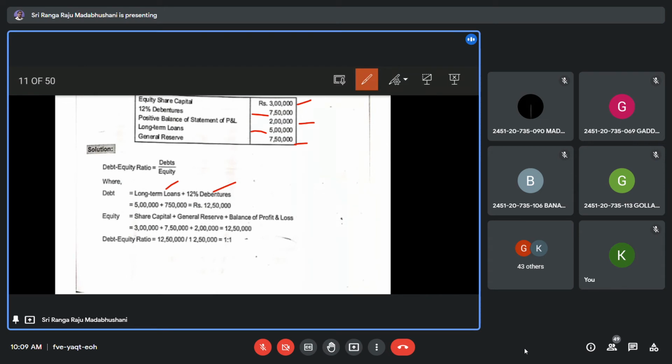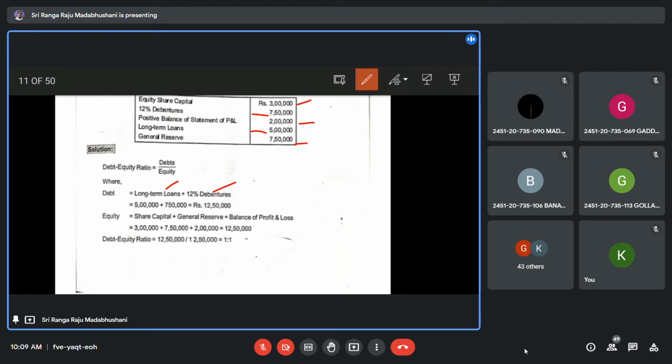So debentures means nothing but a loan taken from the public. Whatever amount we require will be divided into smaller units and raised from the public. Against that, a document is given, which we call a debenture. That is the proof of loan, the instrument we call a debenture.